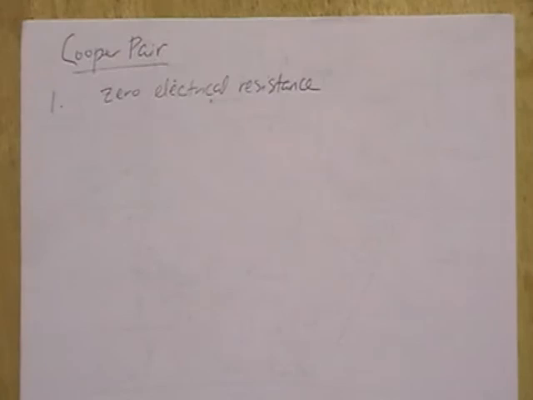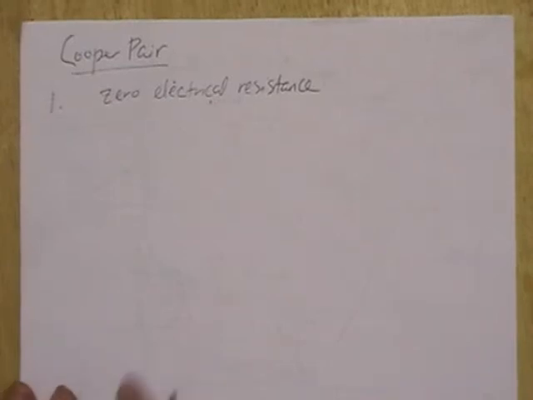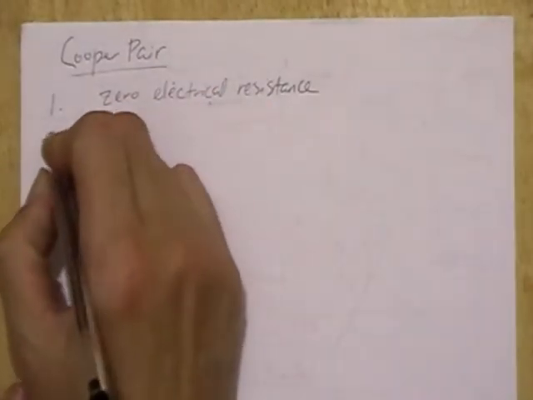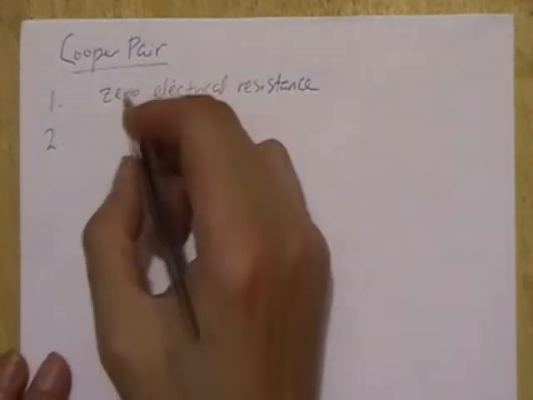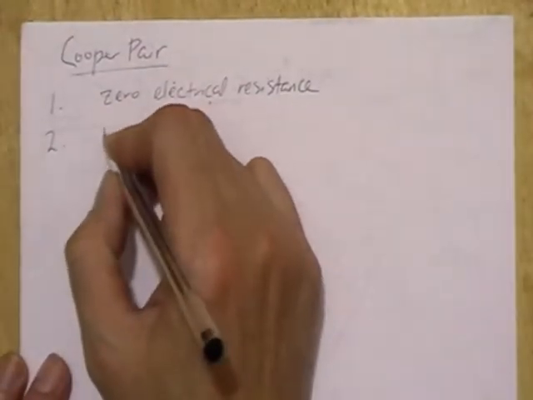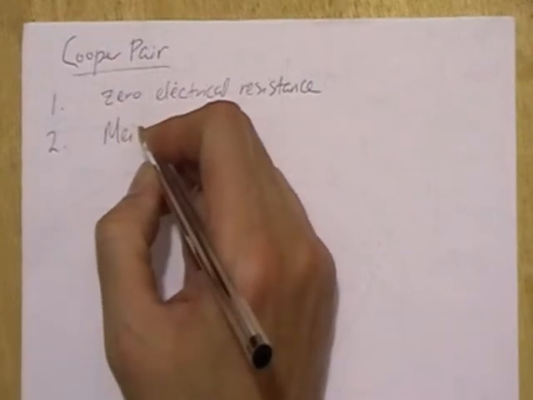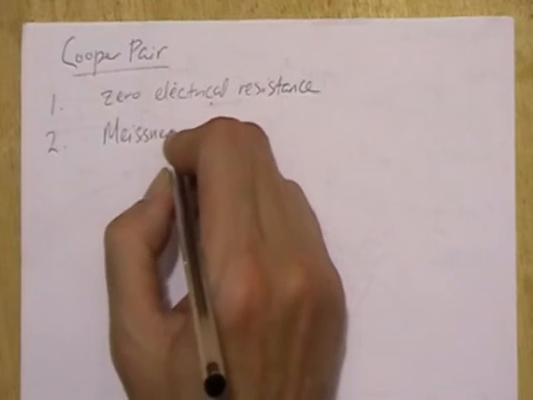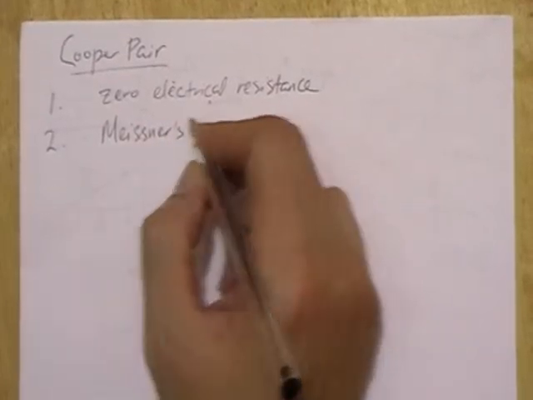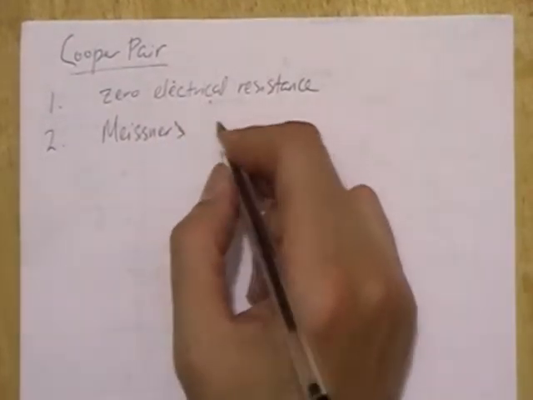This is probably the property that is most difficult to explain. Followed by number 2, the Meissner effect.